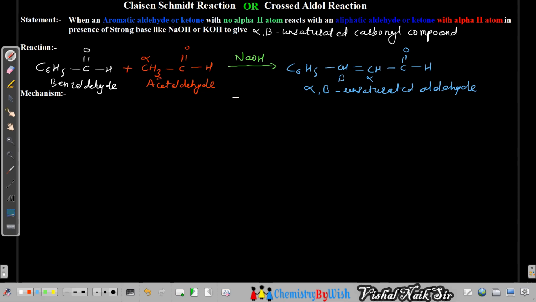So we get an alpha beta unsaturated aldehyde in this case. If we take a ketone, we get an alpha beta unsaturated ketone as a product. So this is the simple reaction of the Claisen-Smith reaction, also called the cross aldol condensation reaction.